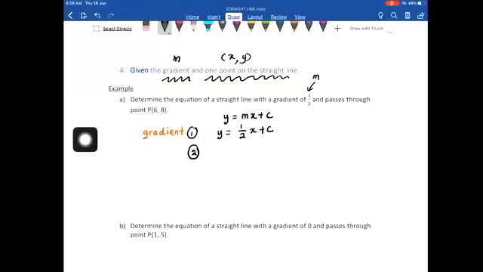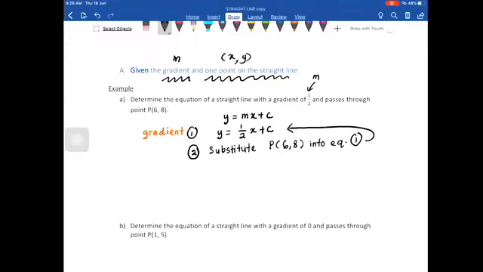Therefore, saya substitute my point (6, 8) into equation dekat 1 ni. Okay, so this is my point ni adalah xy lah.